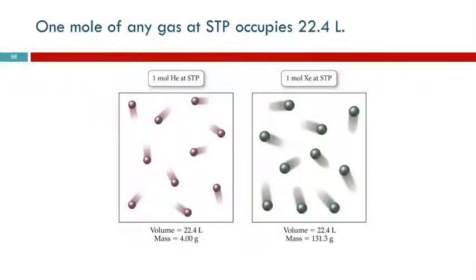So 1 mole of any gas at STP occupies 22.4 liters. That's something that just sounds a little wrong, right? You've got little tiny particles or big particles. The same number of particles has the same volume of gas, even though the particles aren't the same size. The only reason that works is because of all this empty space.